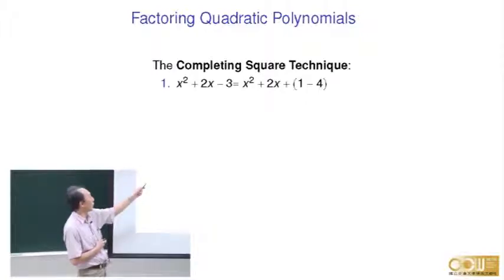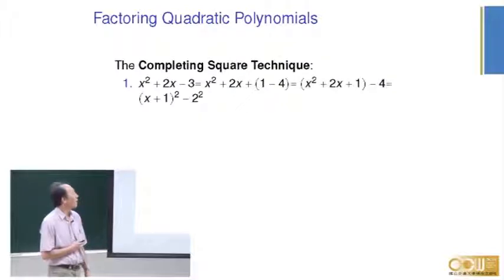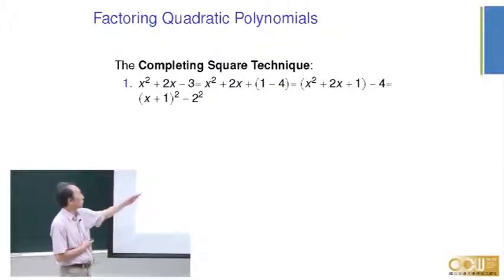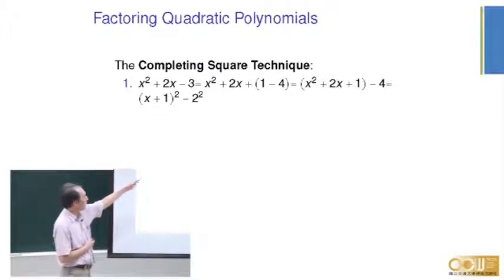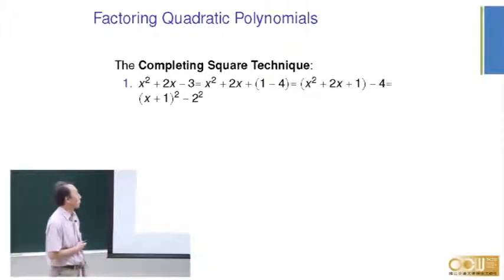So what I did is I play a trick on the scalar term. Minus 3 equals to 1 minus 4. Okay, so use the associative laws to put the parentheses on the first three quantities, and which becomes this.